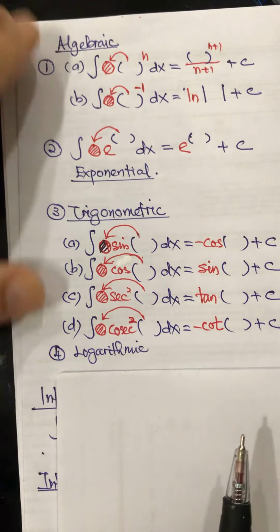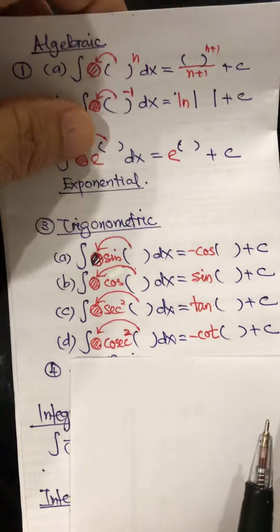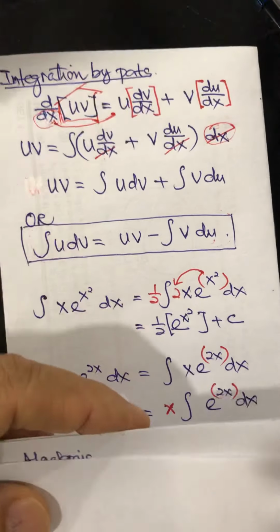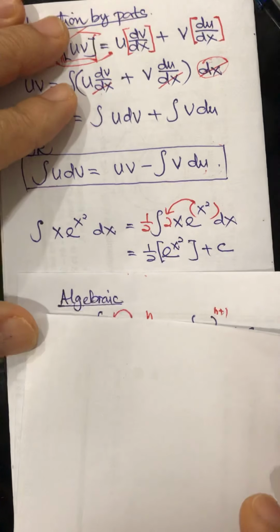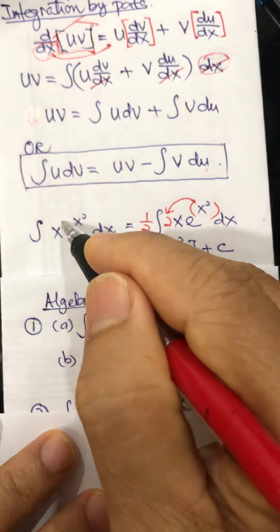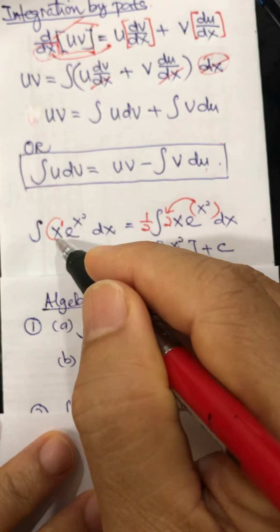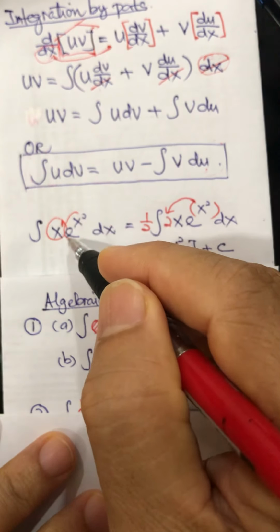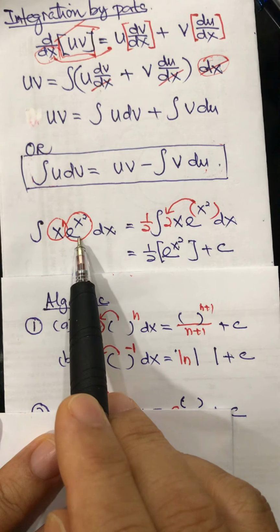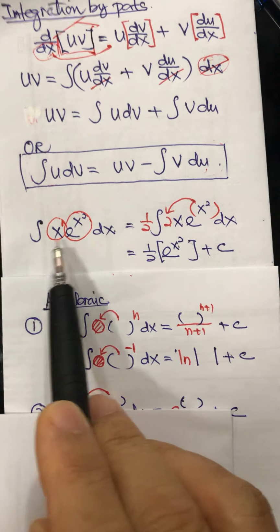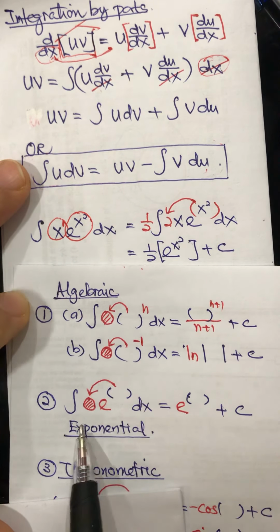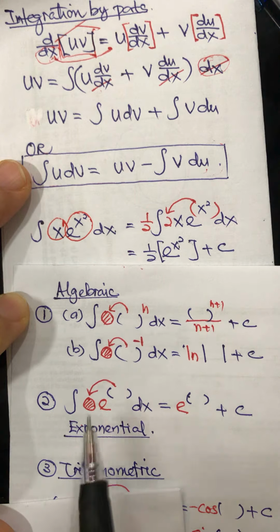So when are we going to use integration by parts? Now you look at this. Let's say I want to integrate this. This is power, isn't it? This is algebraic. This is exponential. So this is a combination of algebraic and exponential, number one and number two.